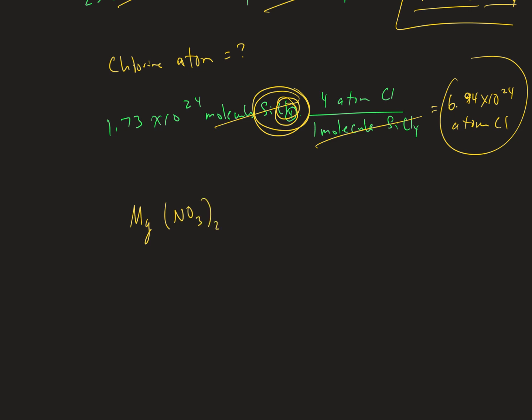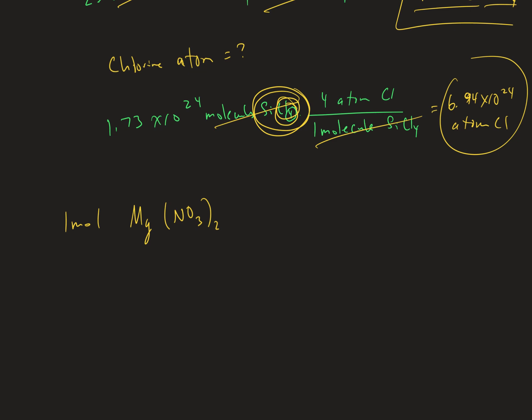If we have 1 mole, this will answer some of your questions here. If we have 1 mole of magnesium nitrate, question. I get 92 instead of 94. 92? Yeah, 6.93. Okay, maybe just a rounding difference.